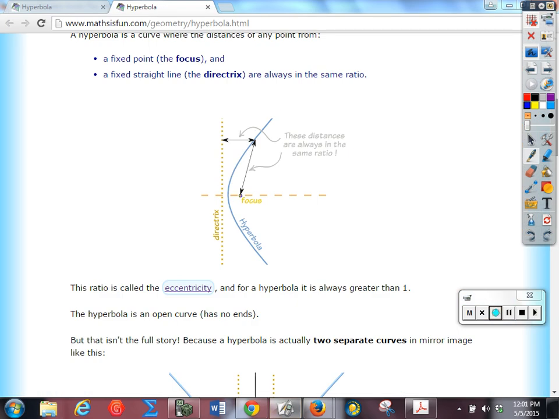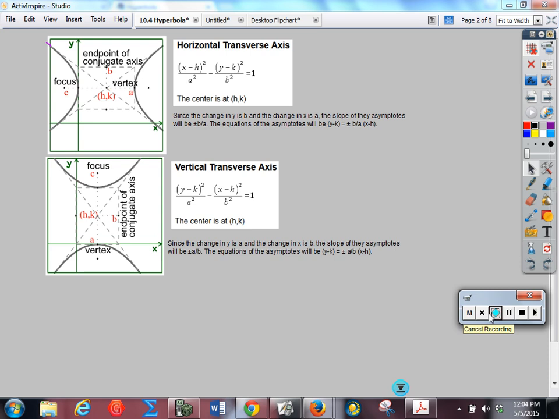Now the ellipses, they were here on the inside, because that is a constant sum, but this one's a difference, so they're going to be on the outside of it. The only difference between this and the equation of the ellipse is this one has a minus right here. So that's the only difference.